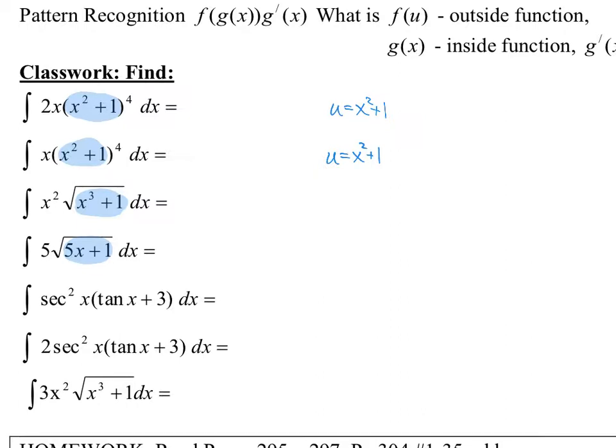Is it not? What do you guys say? Is it x times tan x plus 3? It's secant squared of x times the tangent of x plus 3. Oh, so it's just x plus 3.